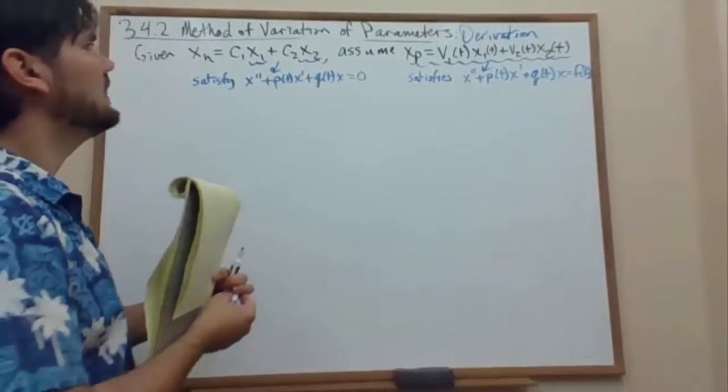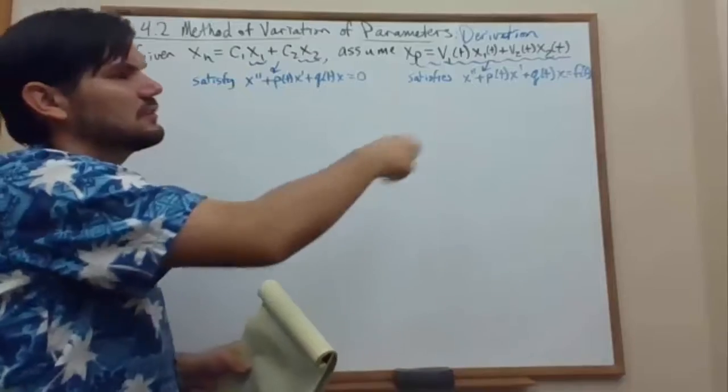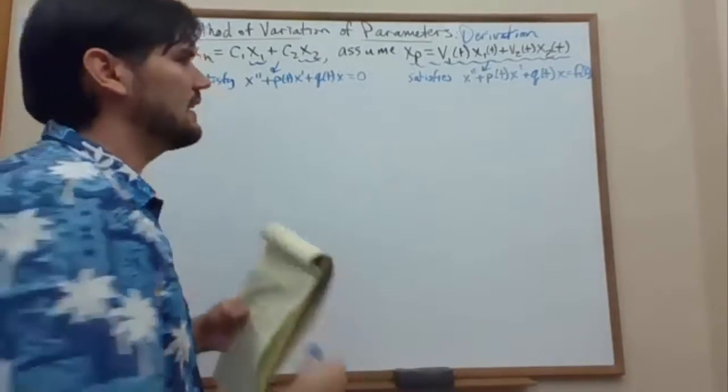So that's what we mean when we say this is the homogeneous solution, this is the particular solution. Two different forms of the equation that they solve.